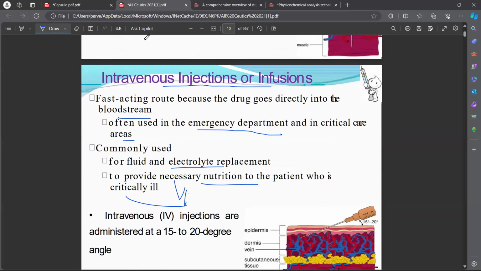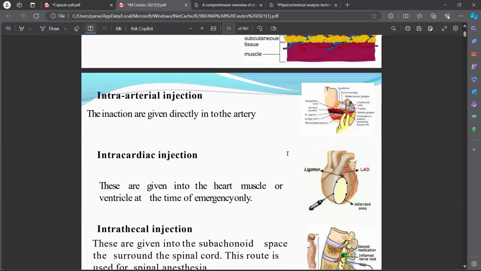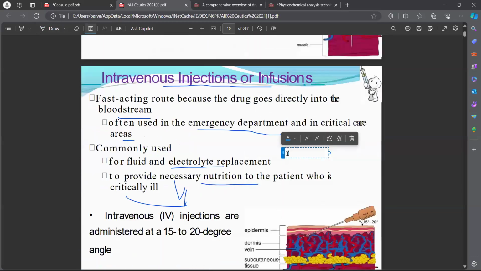Guys, do you know the difference between IV bolus and IV infusion? Can anyone tell me the difference?